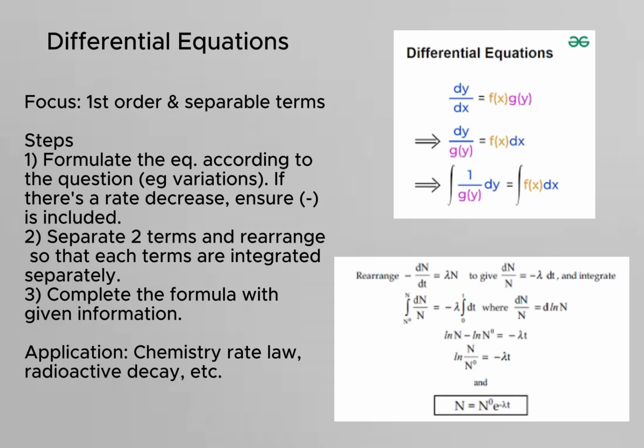Then separate the two terms so that each term is integrated separately, and integrate on both sides. Complete the formula with the given information, and even if there's a constant, just make sure that the constant only stays on one side. And I'll use the radioactive decay formula as an example.